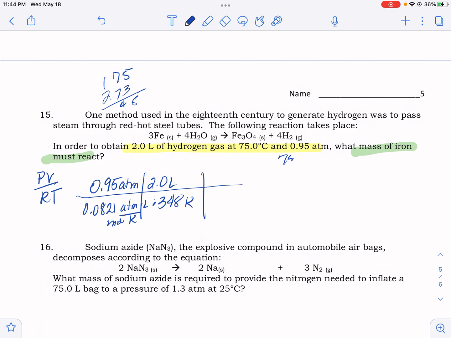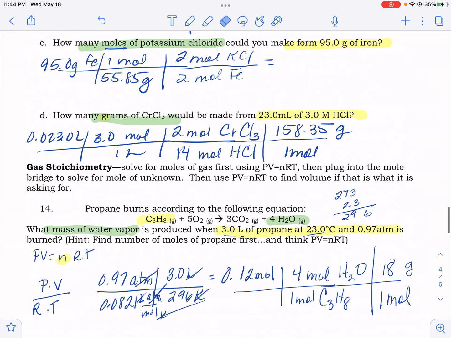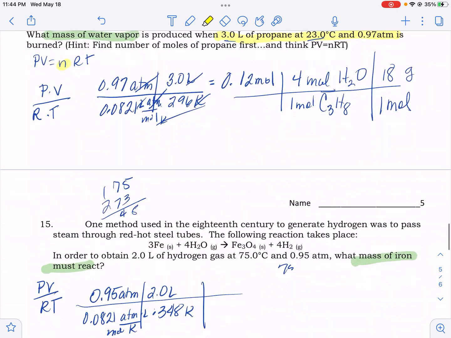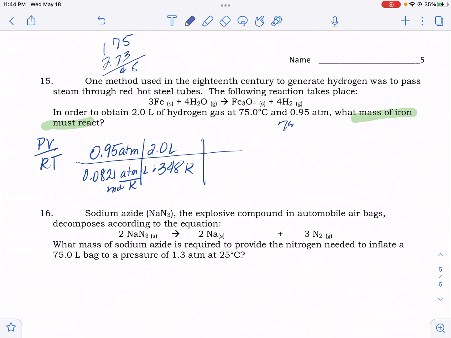All right, so we've now gone to moles. I could hit equal and do the math, but I can also keep going, just like we have done with our other equations. When we get to moles here, we don't stop. We go ahead and multiply by the ratio. So that's what I'm going to do.